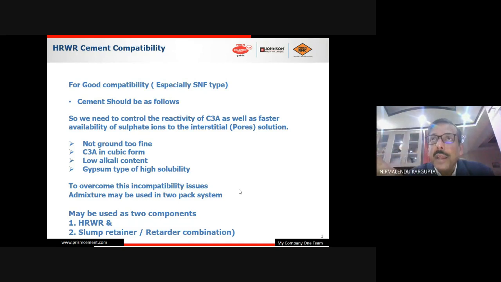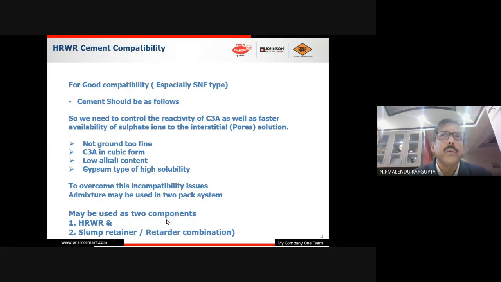They're putting something in the admixture formulation so that the sulfate dissolution rate is increased. Even then, if the incompatibility issue is not resolved, there is no other way but to go for a two-pack system.